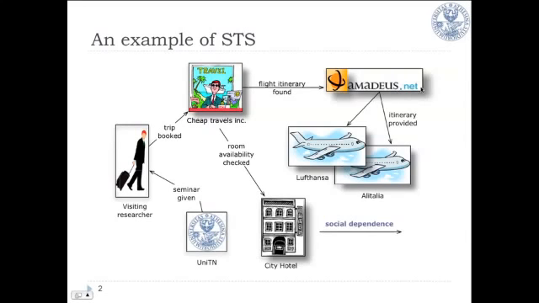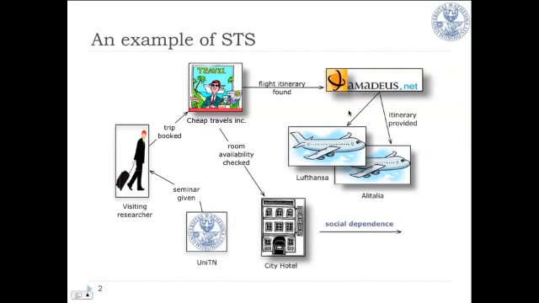And the Amadeus flight service, on the other hand, deals with different airline companies in order to find the appropriate itinerary and to find one that can be affordable, or let's say a low-cost one perhaps.